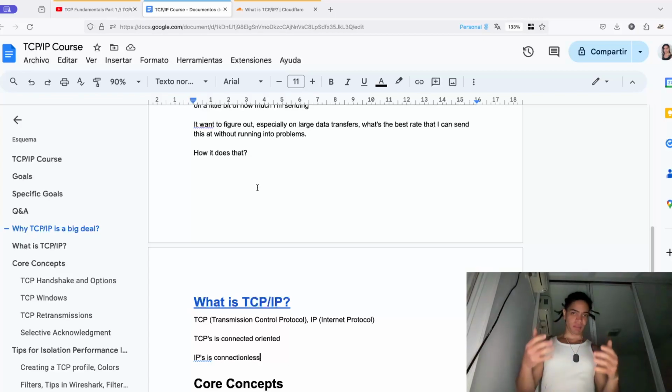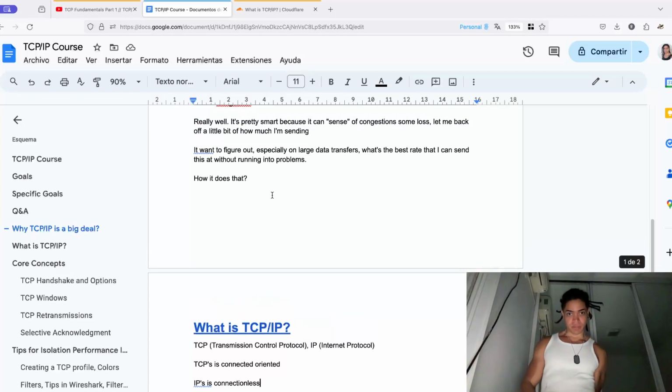Again, this is connection oriented, and it's smart enough to sense whether there is congestion on the network or some losses, so I have to back off a little bit.